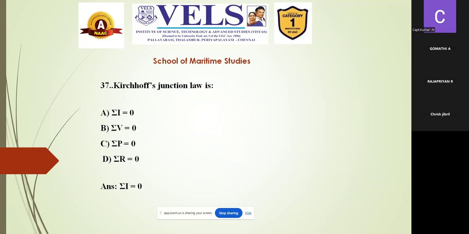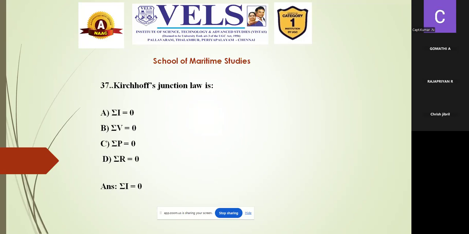Our next question is, Kirchhoff junction law is: option A, summation of current is equal to 0. Option B, summation of voltage is equal to 0. Option C, summation of power P is equal to 0. Option D, summation of resistance R is equal to 0. Kirchhoff junction law is called Kirchhoff first law, which means Kirchhoff current law.